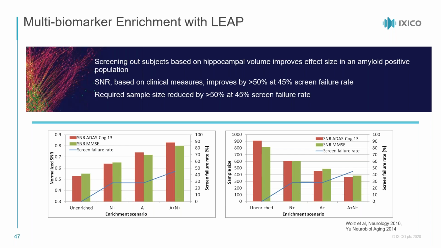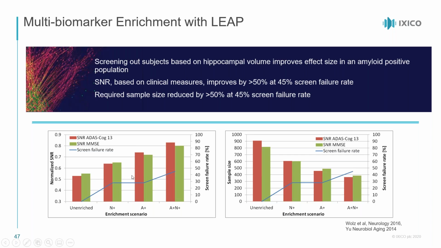So moving along the bars from left to right, we have our reference unenriched population with associated SNR and sample sizes. By enriching with low hippocampal volume, so subjects with a normalized hippocampal volume less than a data-driven threshold, which put them at risk of likely short-term neurodegenerative decline, we see improved SNR and sample sizes, as shown by this N+ bar group.